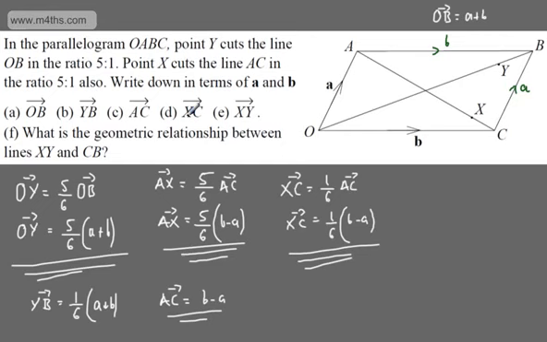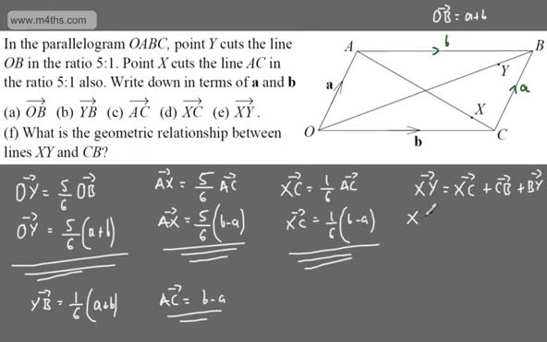Okay, what we want now is X to Y, and there are lots of different approaches for this. The way that I'm going to do this is say that X to Y can be equal to X to C plus C to B plus B to Y, and this is one of the many ways around you can do it.